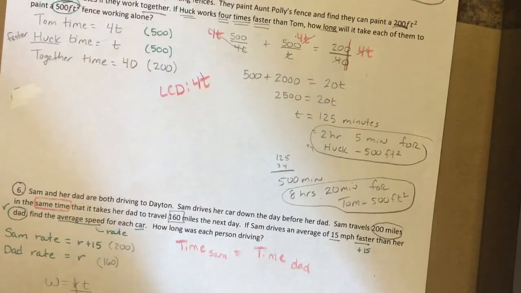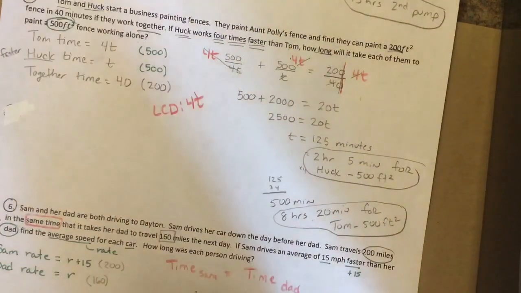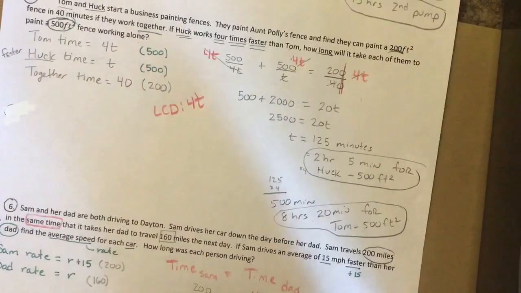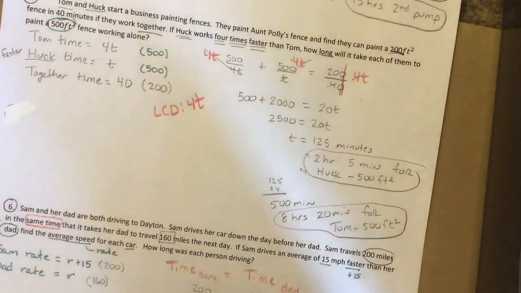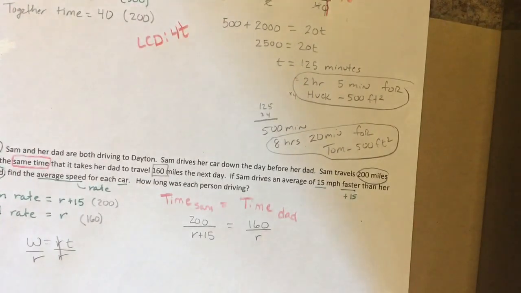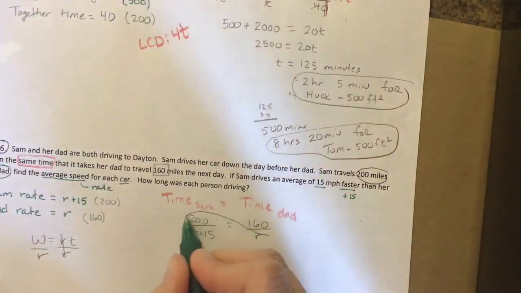If I solve for time, it's work over rate this time instead of work over time. So Sam's work is 200 over her rate, R plus 15. Dad is 160 over R. He didn't go as far because he's not quite as fast. Okay. This one, do I need an LCD? No, I can just cross multiply.